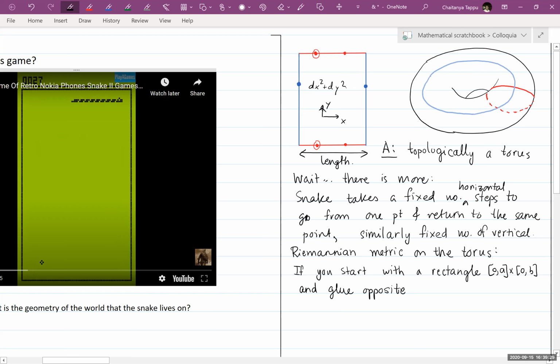The gluing of opposite edges is not just arbitrary. It is with a specific gluing map, and the gluing map is x comma 0 maps to x comma b. So if this point is x comma 0 over here, this point is x comma b, and this is mapped over here by the gluing map.